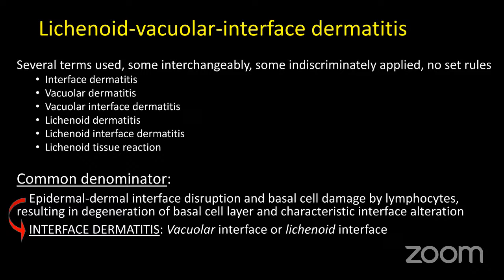Whatever term you use, the common denominator in this whole group of disorders is that the epidermal and dermal interface is disrupted. There's basal cell damage, and then you have degeneration of the basal layer and this characteristic interface alteration. So overall, the common denominator is an interface dermatitis, and this could be vacuolar, where it's not that inflammatory, or lichenoid.